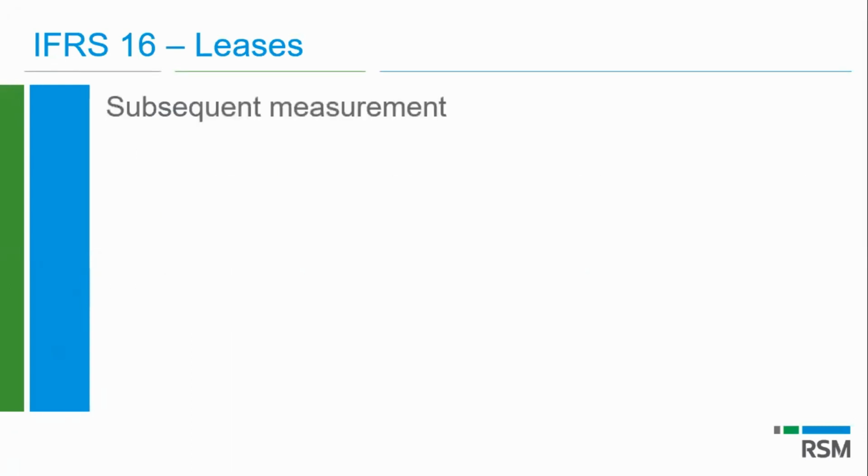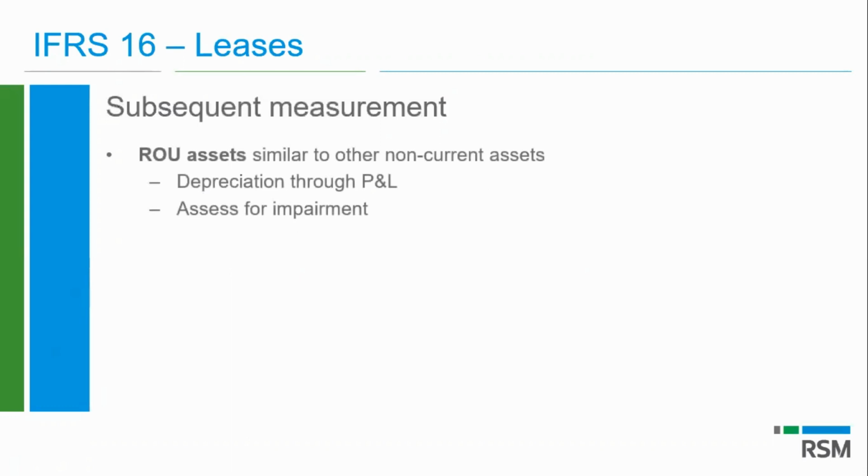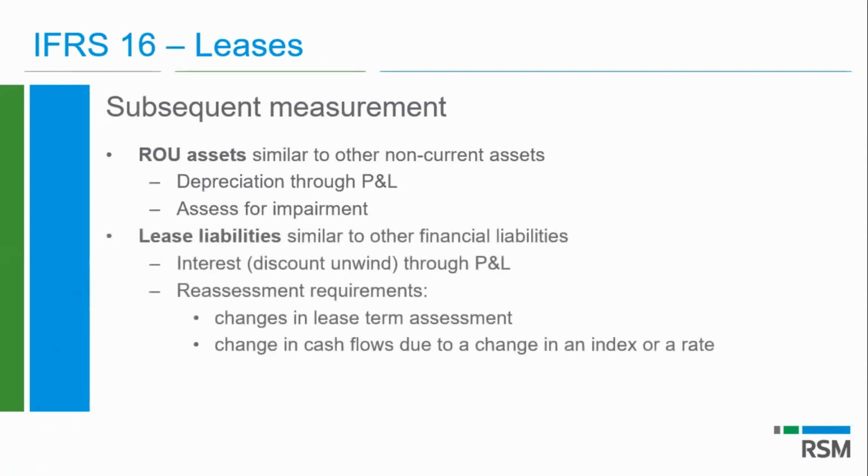Subsequent measurement of a right-of-use asset is similar to any other non-current asset. You would depreciate it through profit and loss, and you would assess it for impairment. The lease liability, similar to any other financial liability, would have interest through P&L, which would be the discount unwind from the initial recognition.